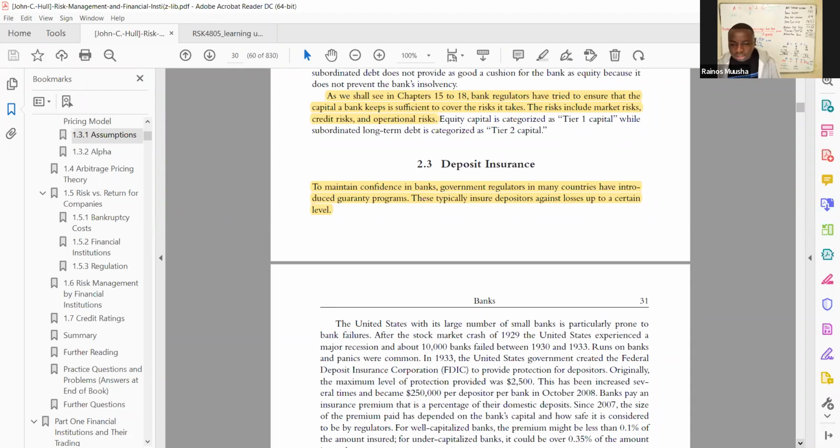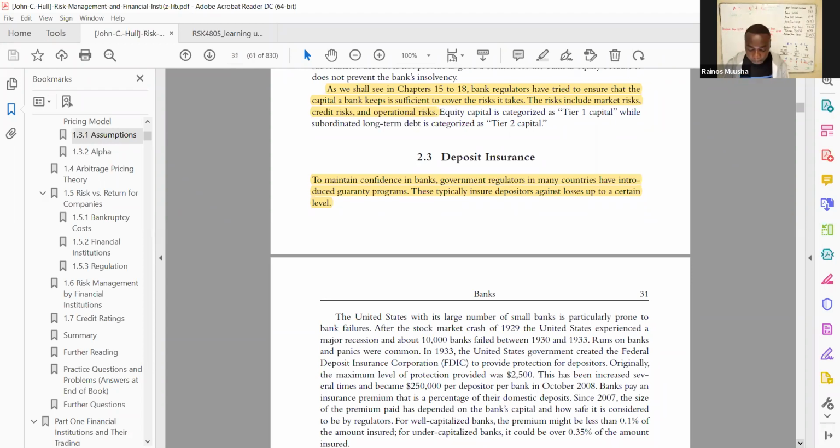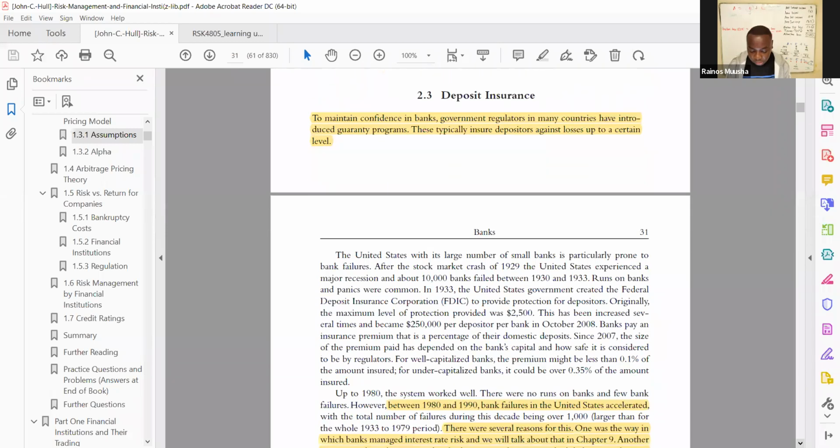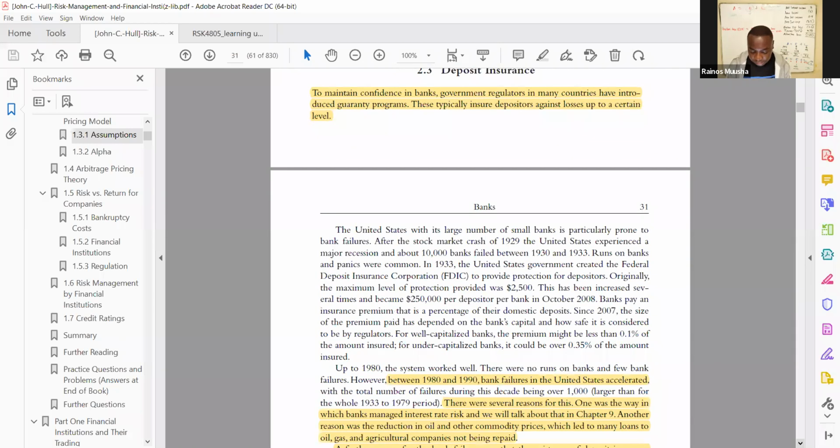The last time I checked, the Reserve Bank had a proposal to introduce deposit insurance, but I'm not sure if it has been put into effect. Are we on the same page when it comes to deposit insurance and how it works?